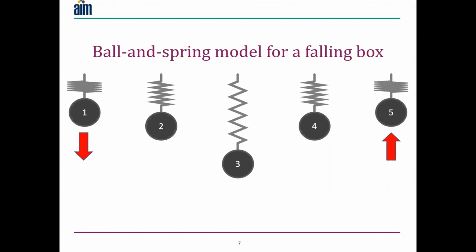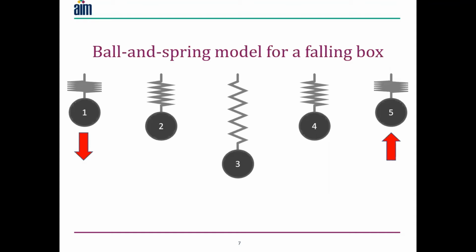This is going to slow down the ball. There's going to be a point where the ball actually stops. So it's going to have less velocity, and we're going to see this in much more detail in the slides that follow. But this is just the overview of the entire process.